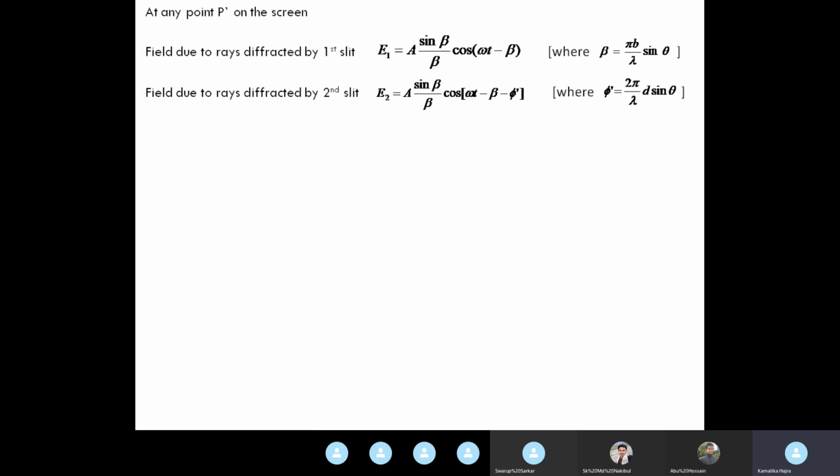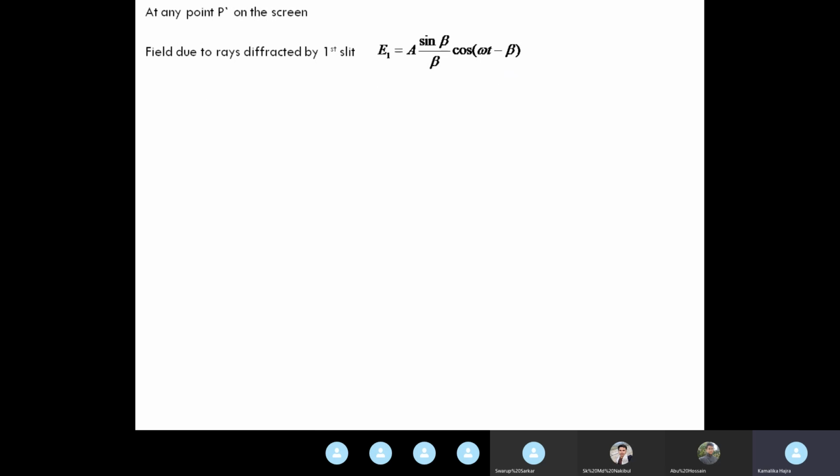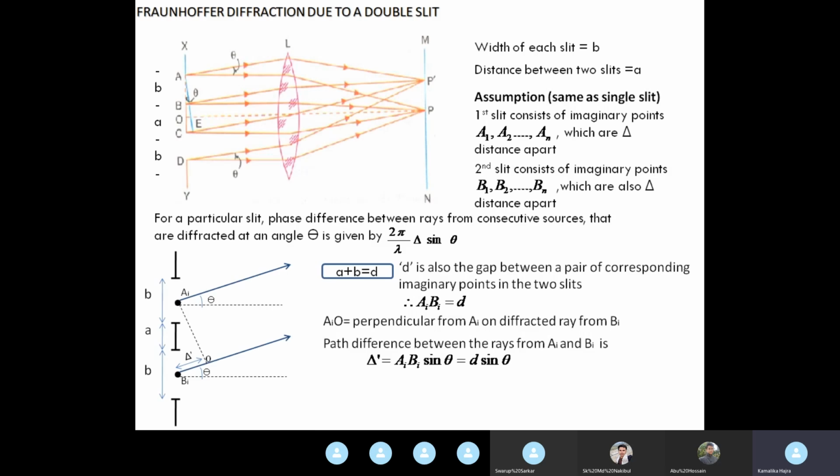I'll go ahead. As you realize, I'll go back to my picture once more: this set of rays coming out from the first slit is producing a field E1 at P prime, and this set of rays coming out from the second slit is producing a field E2 at the point P prime.